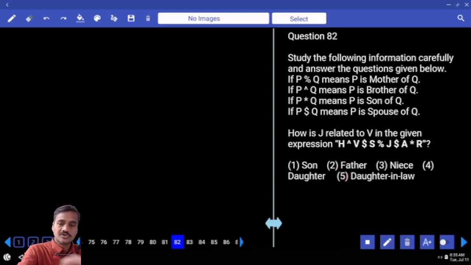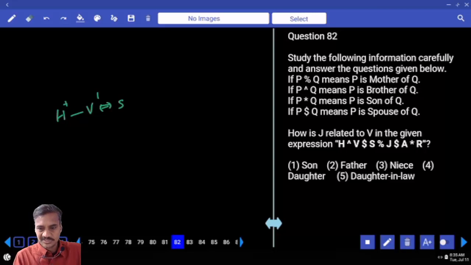Now in this 82, how is J related to V? Now J related to V, H, and H is the brother of V. And V dollar, V is the spouse of S. Now V is the spouse of S means V and S are a married couple, and S percentage, S is the mother of J, hence V is the father of J, isn't it?